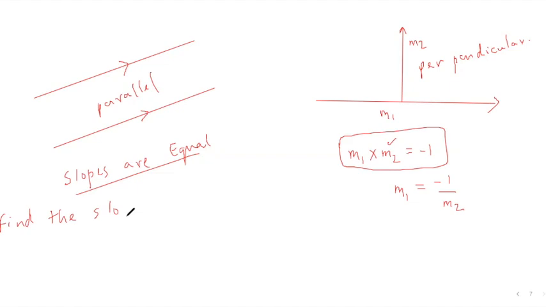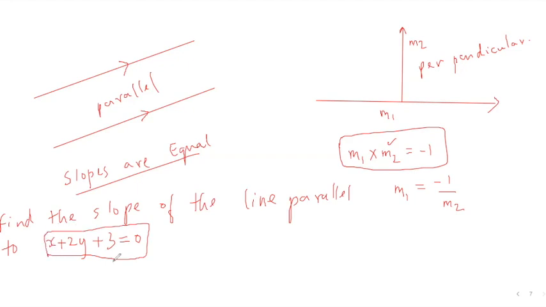Okay. So find the slope of the line parallel to x plus 2y plus 3 equals 0. All right. So how do you find the slope of the line parallel to this line?